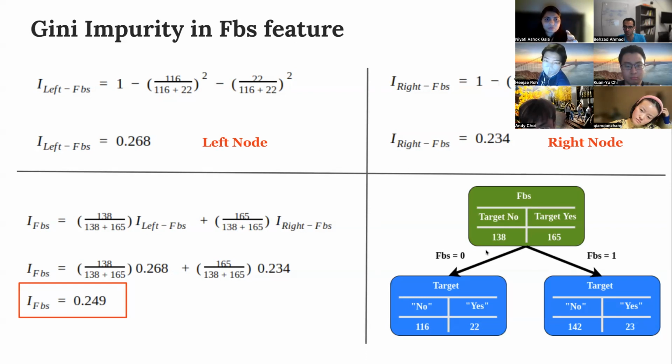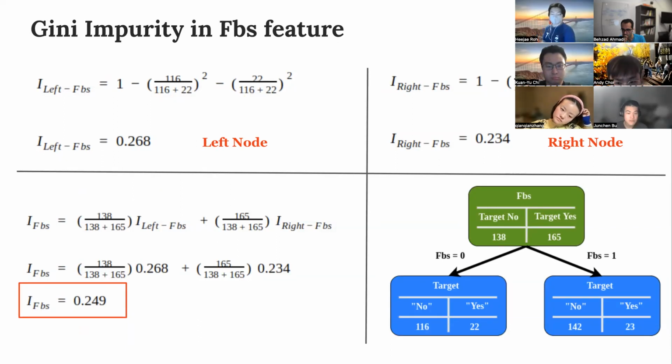Yeah, you're saying that 116 plus 22 gives you 138. That is the no for the FBS, and the yes for FBS is 165. And then we split that again, and we get 142 and 23, which is the total 165.